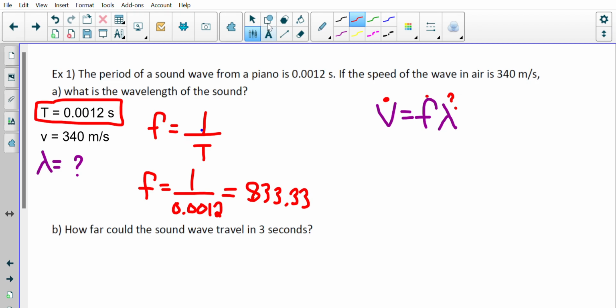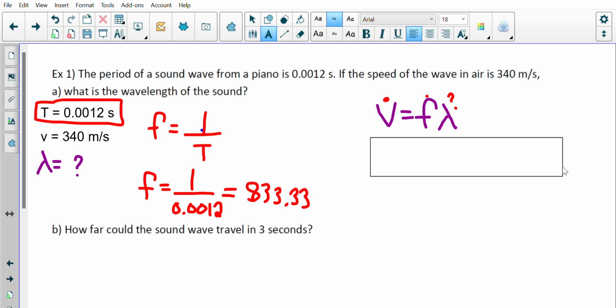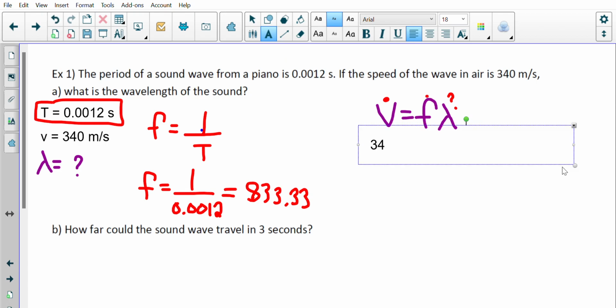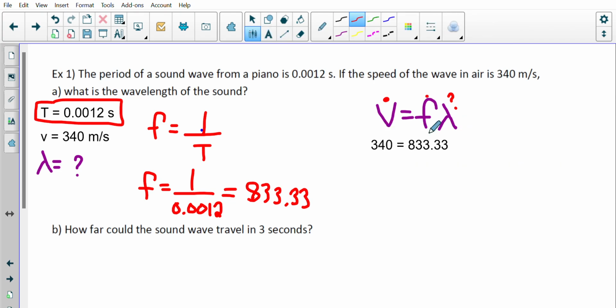Again, that's the relationship between frequency and period. Now I'm going to substitute my values in here. I have a V of 340. My frequency is 833.33, again down to 2 decimals. And I'm trying to find my wavelength, lambda. The only way to get lambda by itself is to divide by 833.33, and what I do to one side, I do to the other.